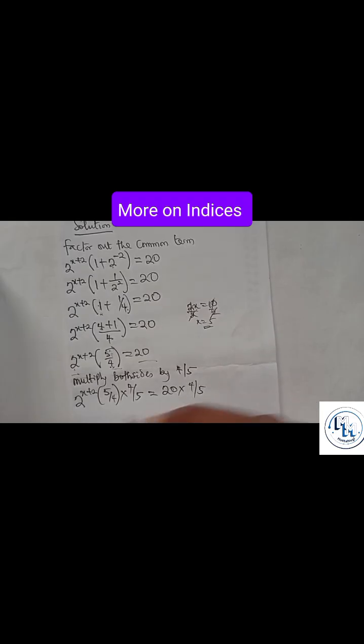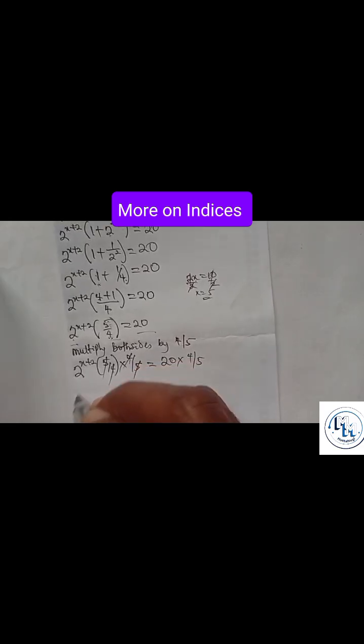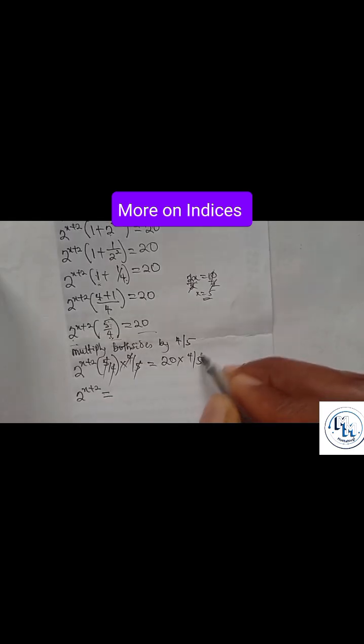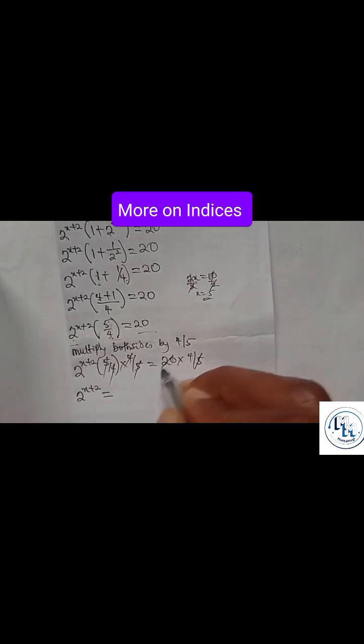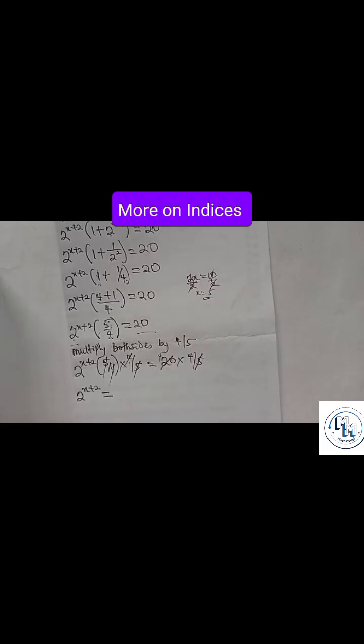Let's continue. Now 4 cancels 4, I have 1. 5 cancels 5, that's 1. That means 1 times 1 is 1. So 1 times 2 power x plus 2 is still going to return to 2 power x plus 2, because anything multiplied with 1 is that thing again. Equal to, then 5 cancels 20, I have 4. Now 4 times 4 is 16.